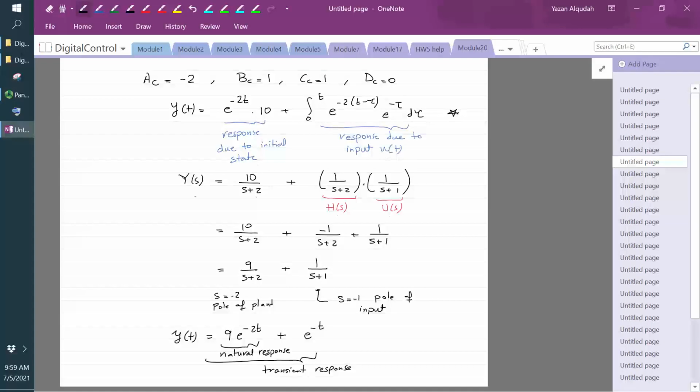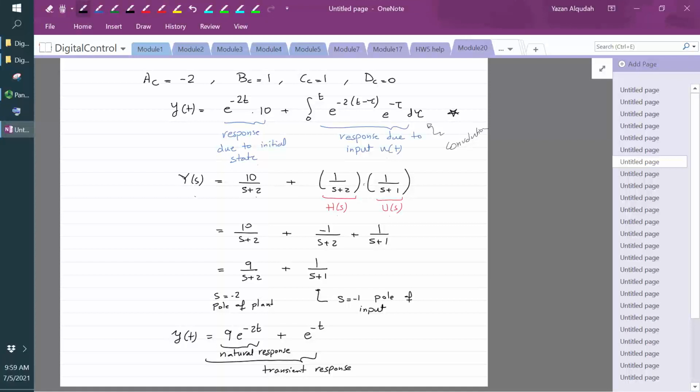Remember, multiplication in the frequency domain is convolution in the time domain. So this expression here is the convolution, and in the frequency domain it is the multiplication of h of s, the transfer function, multiplied by u of s.